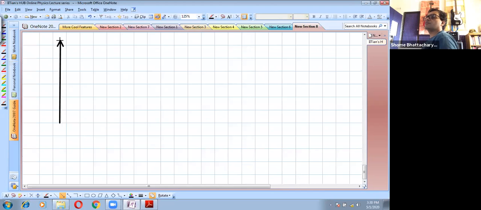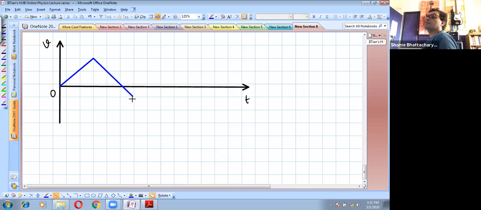In terms of the graph, you can see that your velocity-time graph is such that you're going from 0 to 20, then coming from 20 to, interestingly, a negative value.